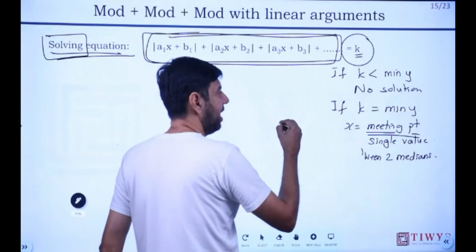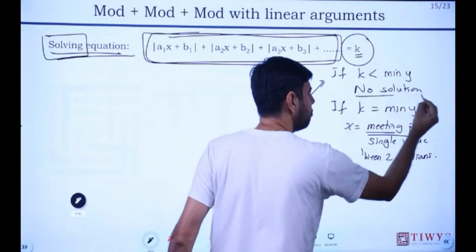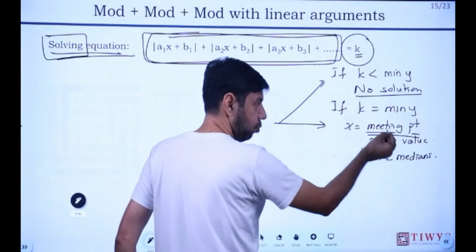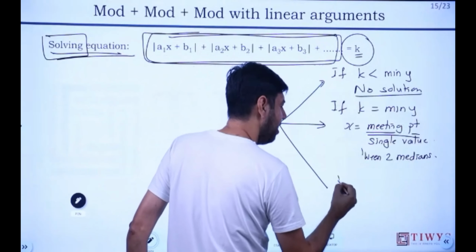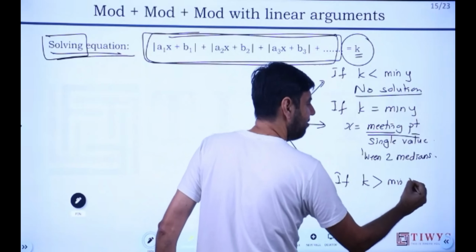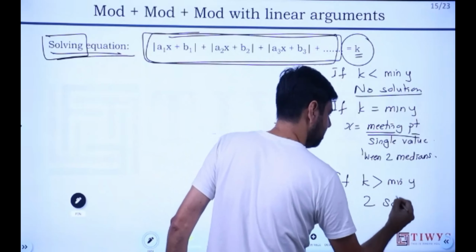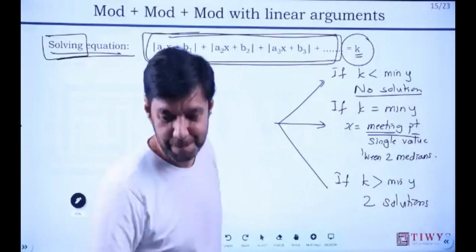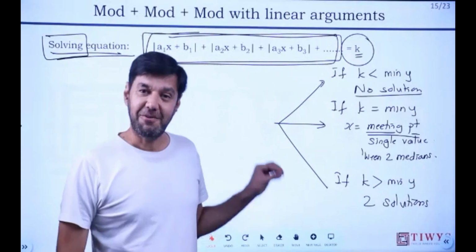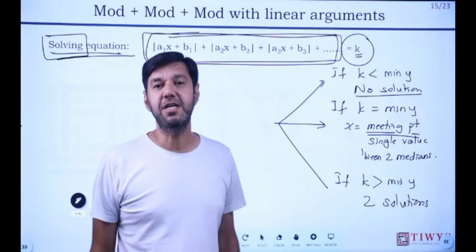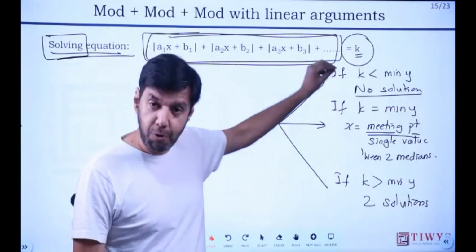So there are three branches. Either I'll get no solution, or the minimum solution, or, if k is greater than the minimum value of y, there will always be two solutions. I could make this tough, but it isn't done in CAT, so there's no point, students.